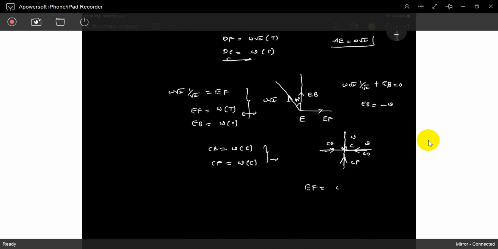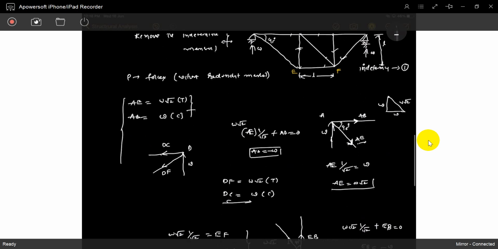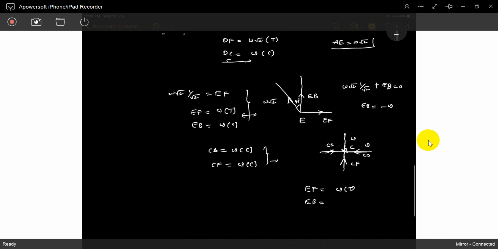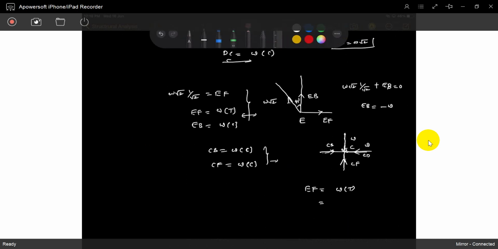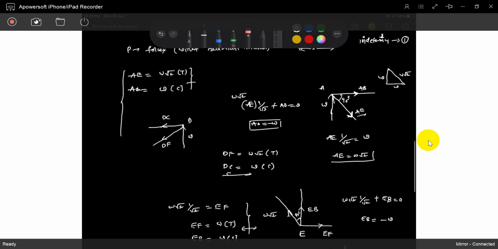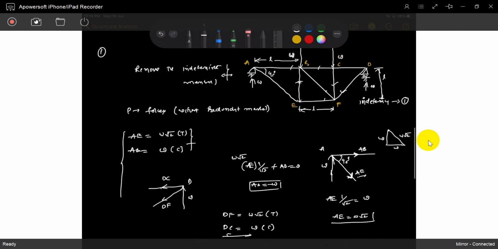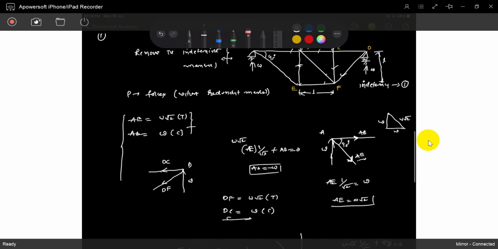EF is W tension, EB is compression. PF is 0. Sir, how 0? So you want to see it. I want to skip those, but okay, for your asking, I will solve it.